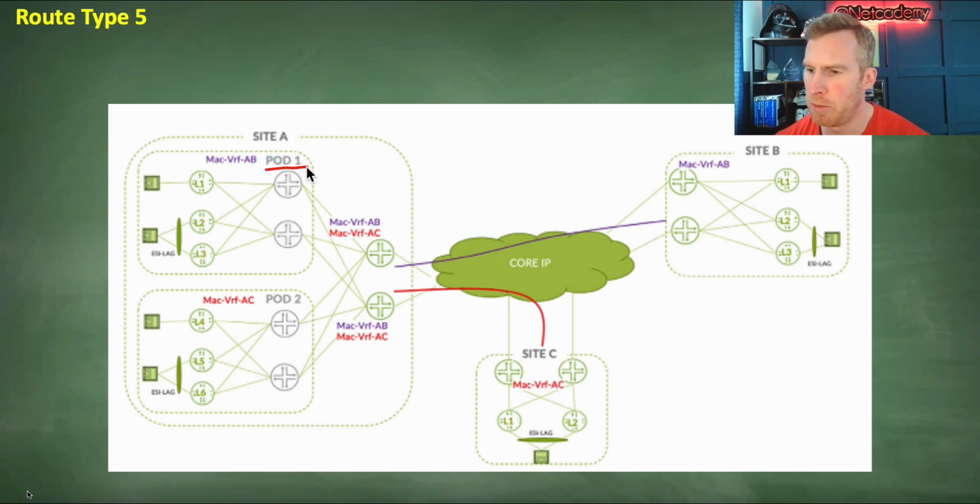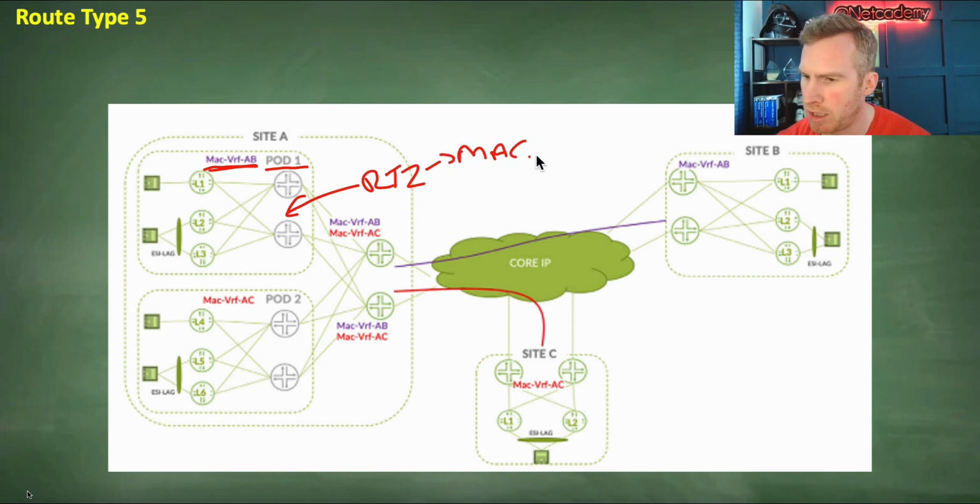But what do we know if we just concentrate on pod 1? What do we know in terms of communication and packet types that are within this particular MAC VRF, i.e. MAC VRF AB? Well, within here, what are you going to have? You're going to have a number of EVPN route type 2s. And I've already done the video on this. If you don't know what route type 2 is, please check out this link. It's all described there. But a route type 2 is basically advertising a MAC address.